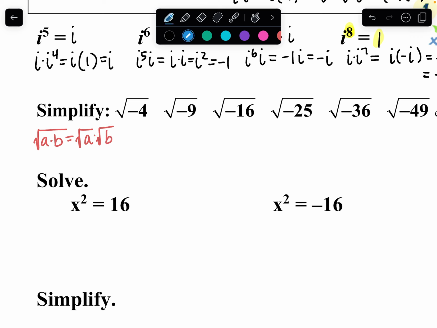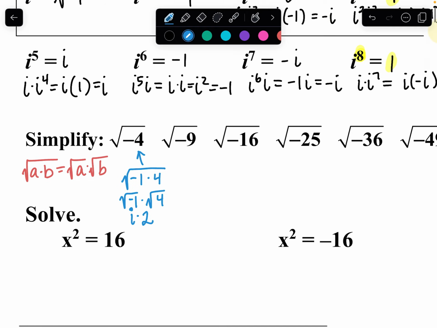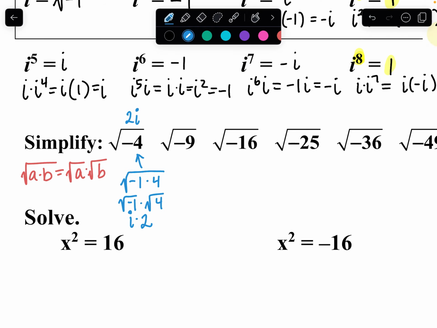With this -4, we could rewrite that as -1 times +4. Then if I break them up into their own individual square roots, we know the square root of -1 is i. We know the square root of 4 is 2. And so we would simplify this to 2i.